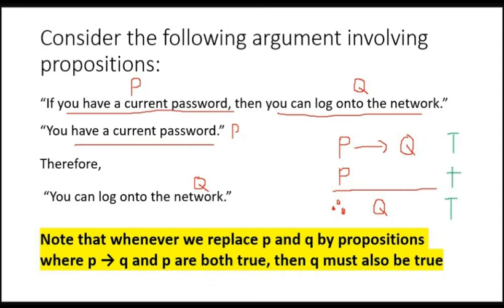You have to note that, in particular, when both P implication Q and P are true, so kapag true ang dalawang premises natin, the conclusion must also be true. So this is a valid argument. So kanina ko pa yan sinasabi, that if all of the premises are true, then the conclusion is also true. That is a valid argument.